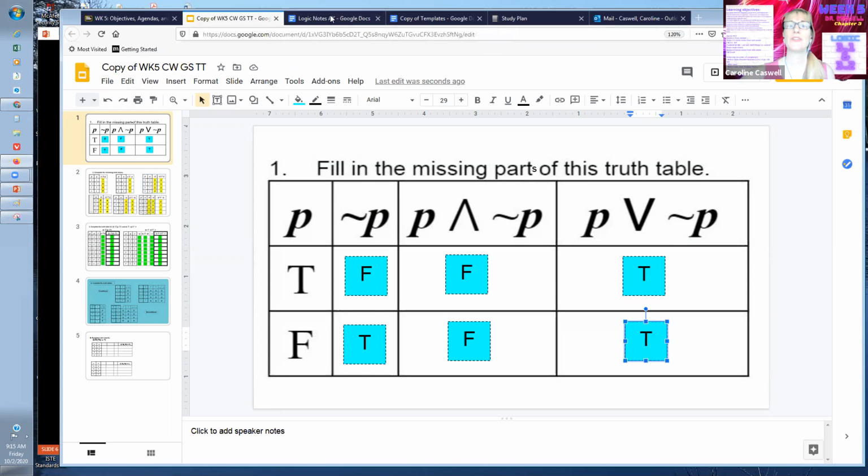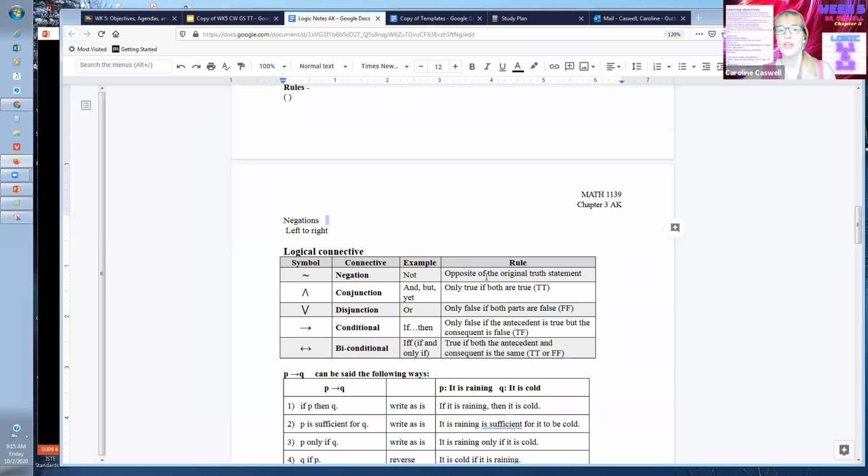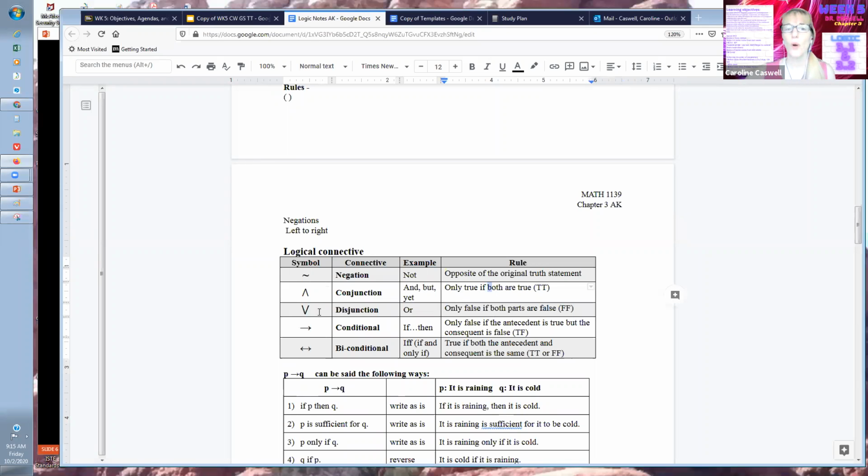So when I go back to the notes, and that's why I asked you to open these, you're going to see I've already set this all up to help you when you do your work. Negation, you just do the opposite of the original. Conjunction, only true if both are true. That's the TT. Or disjunction, which we just did, only false if false.